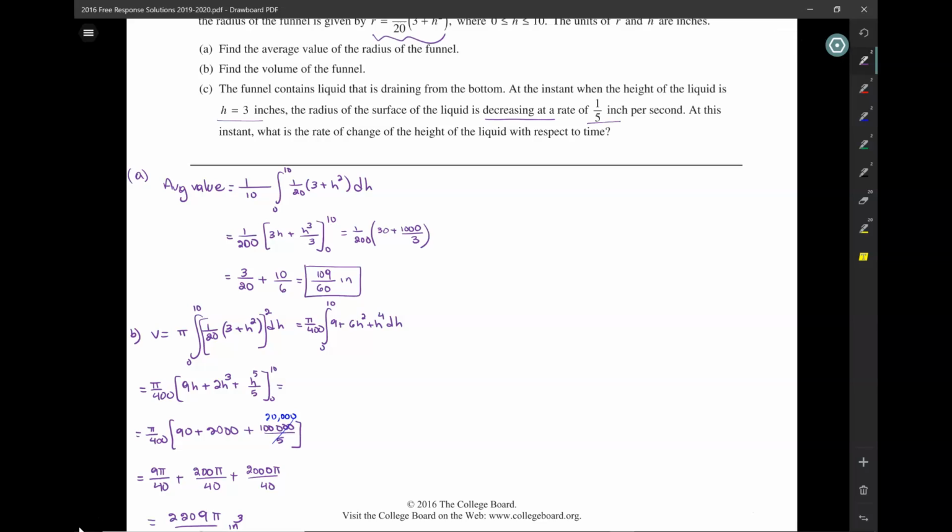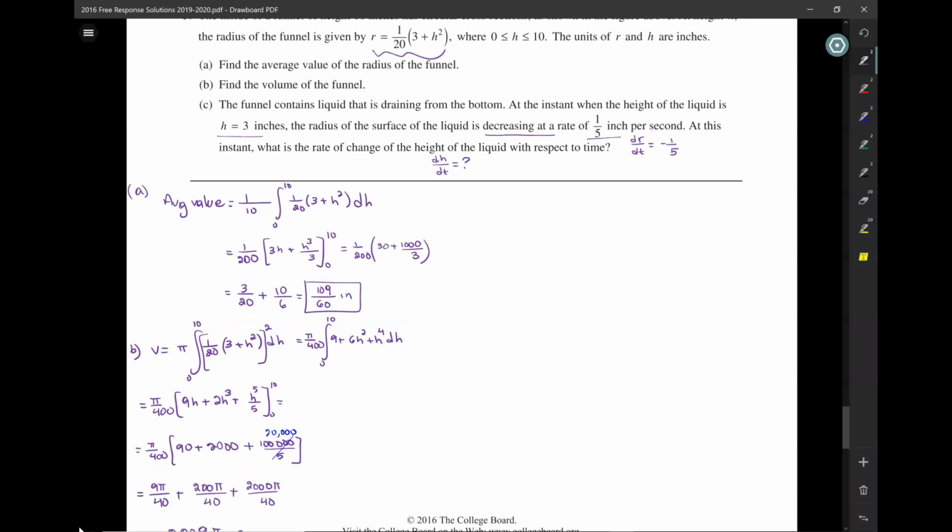So this is dr/dt equal to negative 1/5. At this instant, what is the rate of change of the height of the liquid? So we want dh/dt. Okay? So I have dr/dt equal to negative 1/5 when h equals 3, and I need dh/dt.